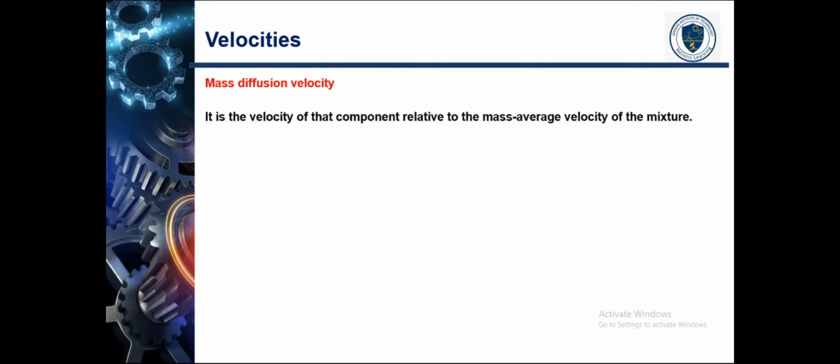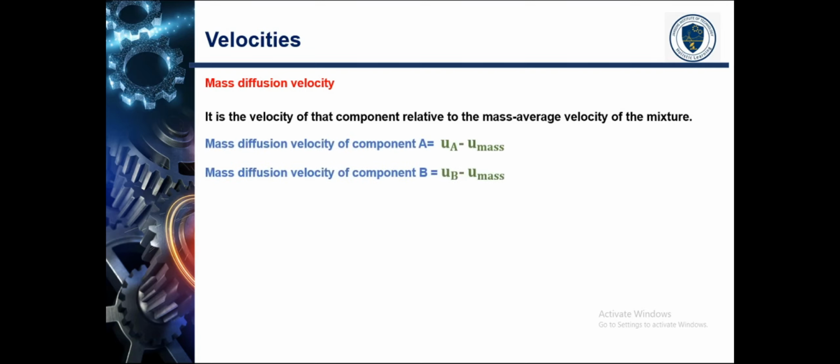Next we move on to the mass diffusion velocity and molar diffusion velocity. So what is mass diffusion velocity? It is the velocity of the component that is related to the mass average velocity of the mixture. So the mass diffusion velocity of the component A is equal to UA minus U mass.